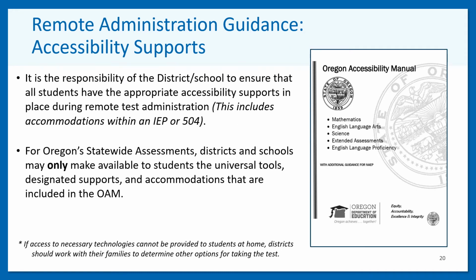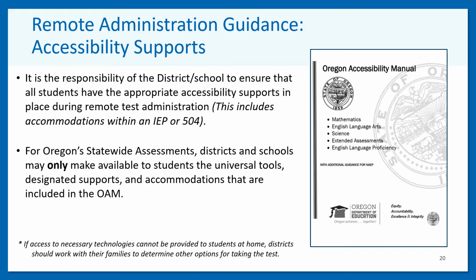It is the responsibility of the district or school to ensure that all students have the appropriate accessibility supports in place during remote test administration. This includes accommodations within an IEP or a 504. As a reminder, if supports, including assistive technology, cannot be provided remotely, a district should work with the family for in-person testing options.